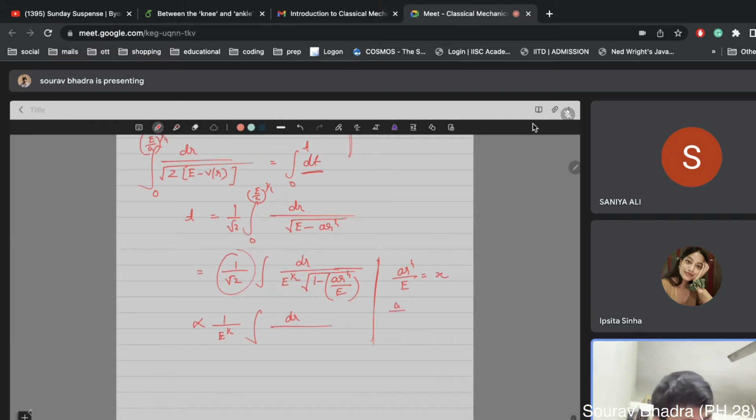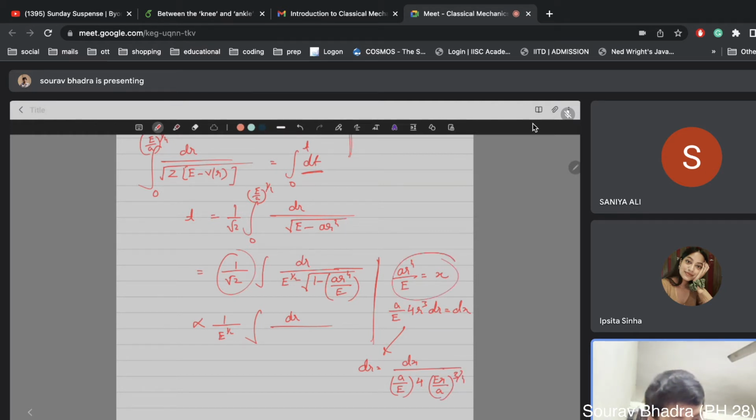then you will get A by E times 4 r cube dr equals dx. That means dr is dx by (A by E times 4 r cube), and r cube we will write as E x by A, so r cube is (E by A) to the power 3 by 4 coming from here.